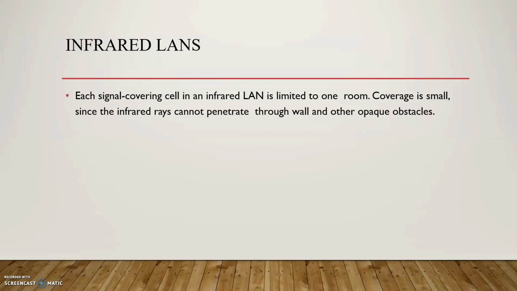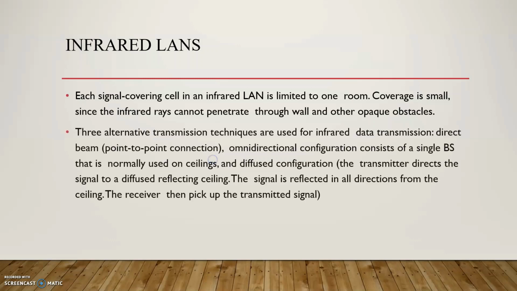Coverage is small since infrared rays cannot penetrate walls and other opaque obstacles. Three alternative transmission techniques are used for infrared data transmission. The first is direct beam or point-to-point connection. The second is omnidirectional configuration that consists of a single base station, normally used on ceilings. And the third is the diffuse configuration.